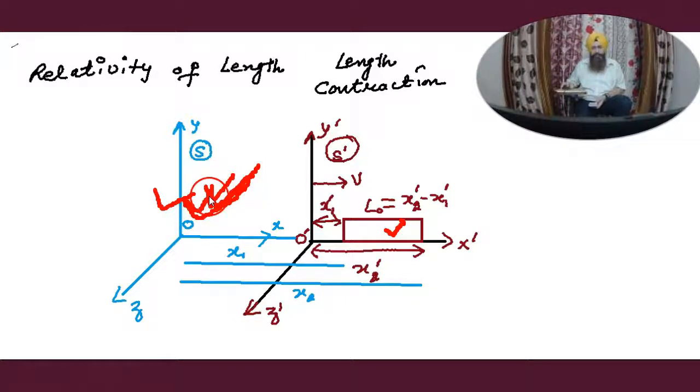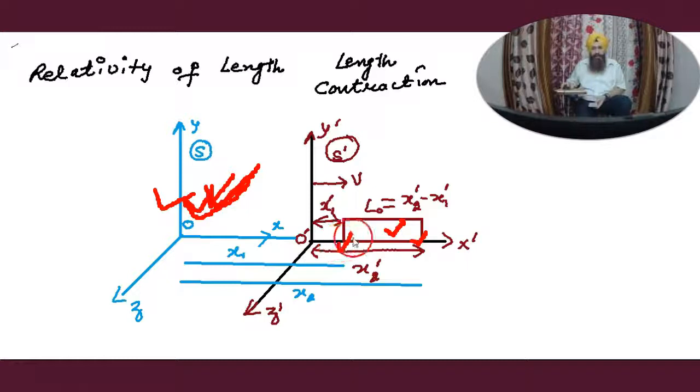One thing you note down: the process of measuring the length of a moving object requires that the distances of its ends from the origin O must be measured simultaneously. It's not that you measure this distance now and then measure the other distance after some time.